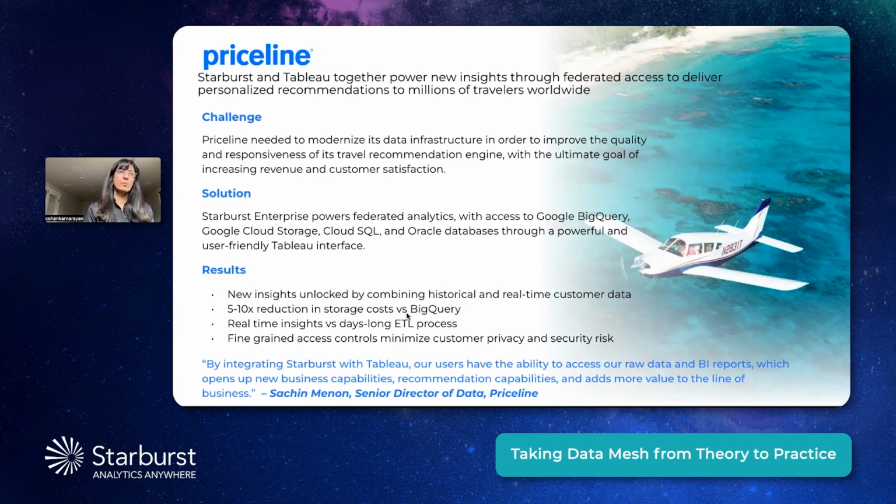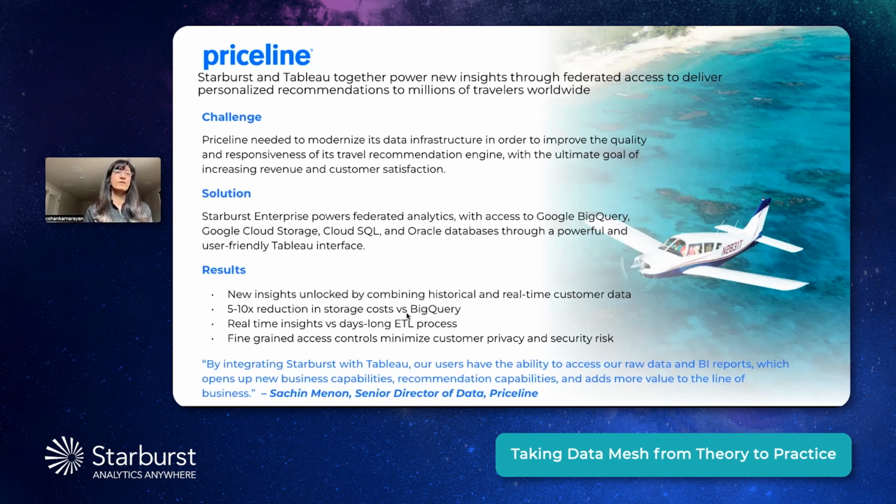Through Starburst Enterprise, Priceline was able to access data across a number of different data sources: Google BigQuery, Google Cloud Storage, Cloud SQL, and Oracle databases seamlessly. With the power of Tableau's analytics and user-friendly experiences and Tableau's integration with Starburst, Priceline was able to achieve federated analytics across all of their data estates seamlessly.